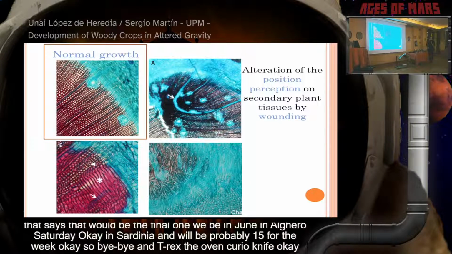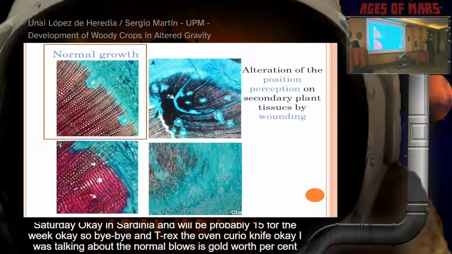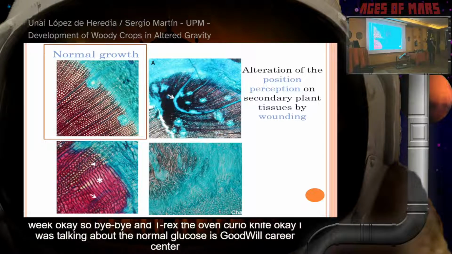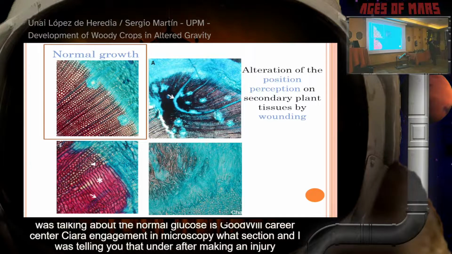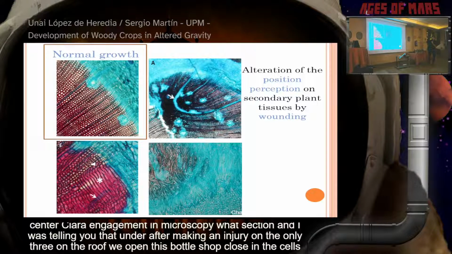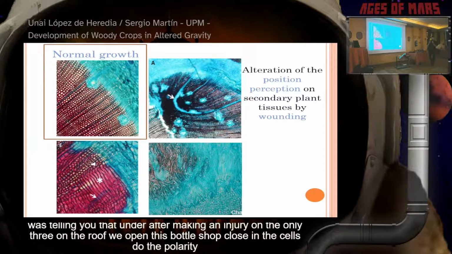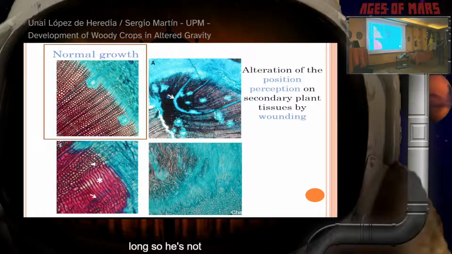Okay, I was talking about the normal growth of wood present here in this microscopic cross-section, and I was telling you that after making an injury on the tree, we obtained distorted patterns of growth in the cells, so the polarity was lost. This is also because of inner tensions that are produced during the growth of the plant, so it's not an effect of gravity.